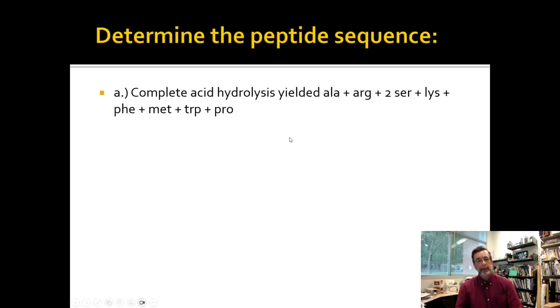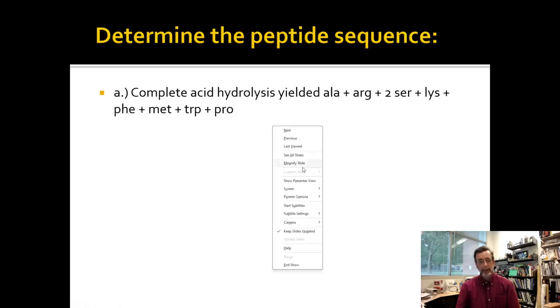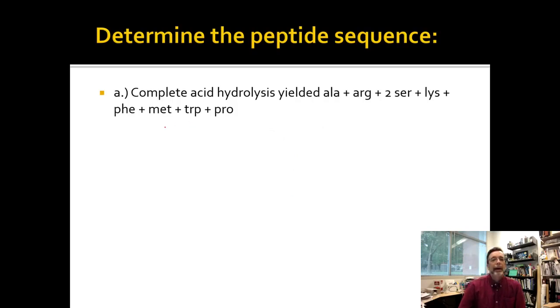And so what I'm going to do is write down each of these. It'd be nice if I could type on this. It's doing a weird thing with my pointer, but I'm going to try to put brackets around this, and I'm going to keep the plus there to remind myself that these are separately somewhere in the peptide, but I do not know their order yet.